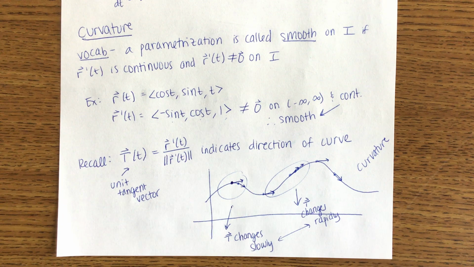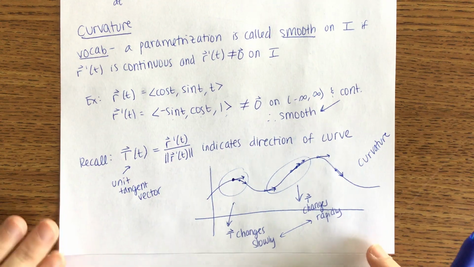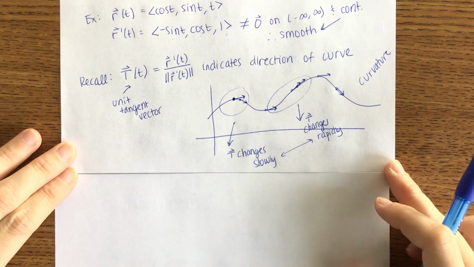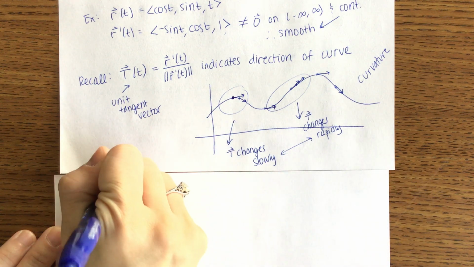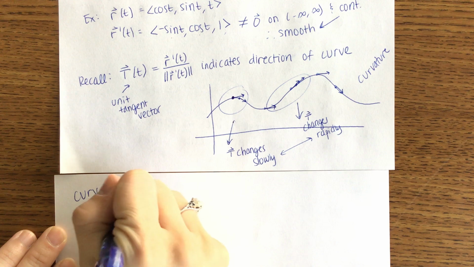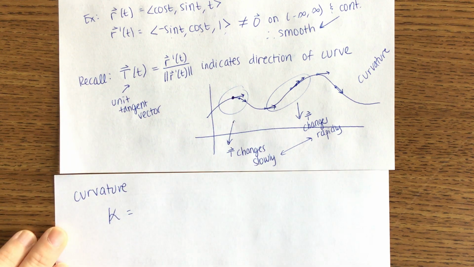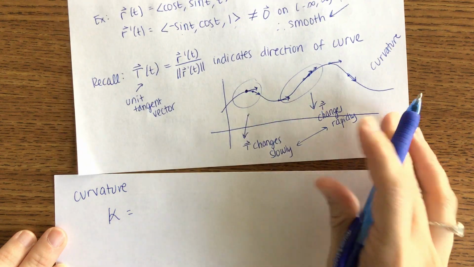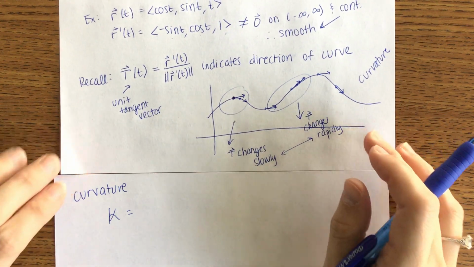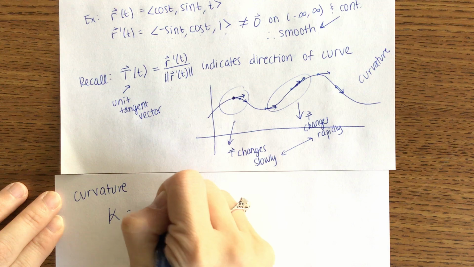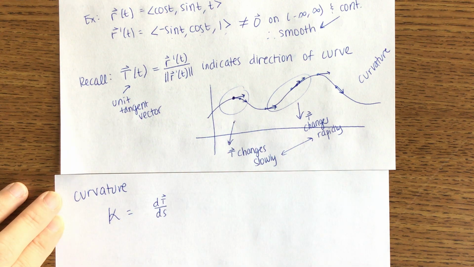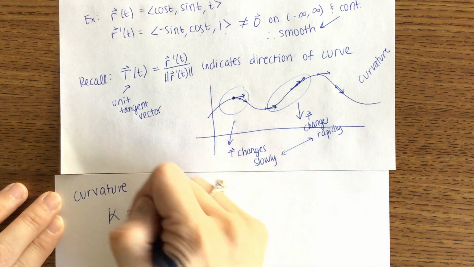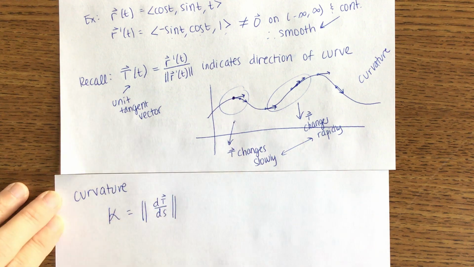Okay, so that leads us to what curvature is, or how to calculate curvature. Okay, so if we want to know how rapidly t is changing, we're going to take the derivative of t with respect to s. Now, that would give us a vector, so we then want the norm.